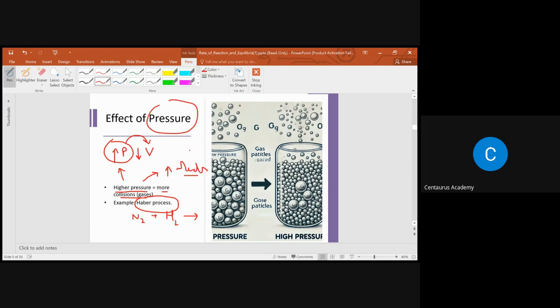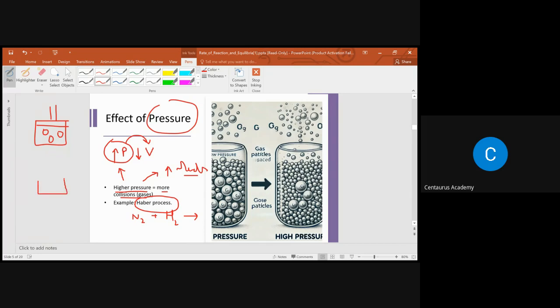For instance, you have a container, and this is the plunger. These are the gaseous particles, which have a certain pressure within this certain volume.